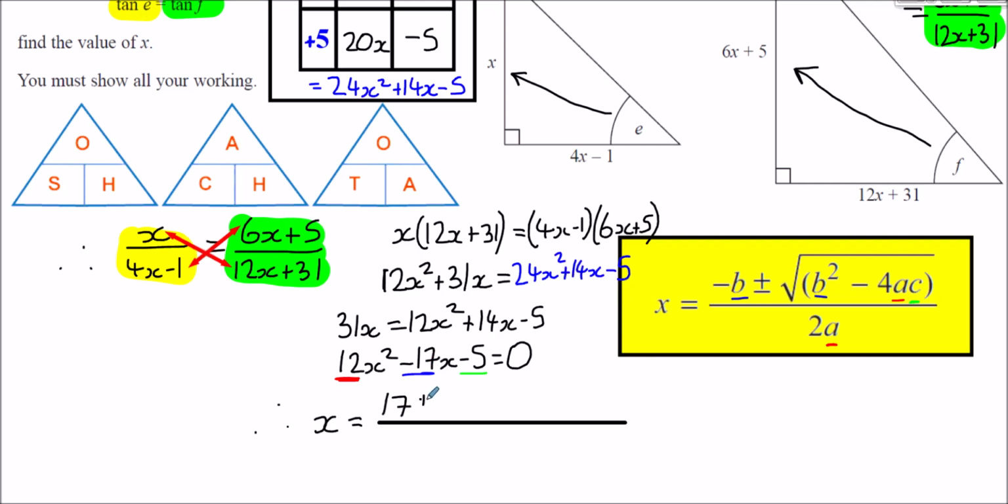Then plus or minus the square root of b squared, so minus 17 all squared, minus 4 times a, which is 12, times c, which is minus 5, all of that divided by 2 lots of 12.